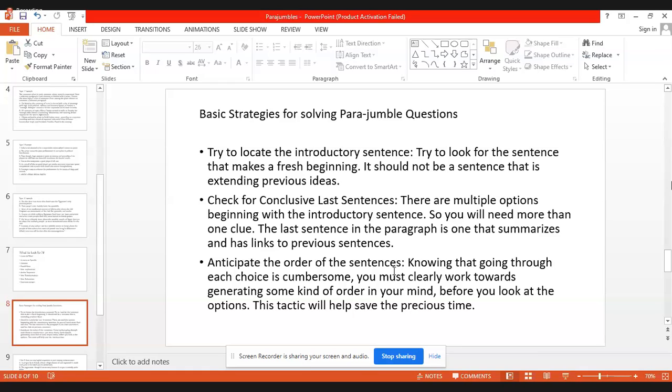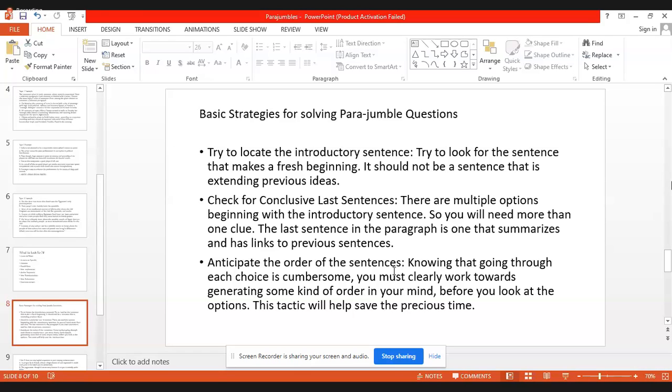Right? Secondly, students, sometimes you don't know the order of all the sentences, but when you read the sentences, you realize that sentence A should necessarily follow sentence B. There's some link. For example, sentence B says, on one hand, India has got the most number of billionaires in the world.